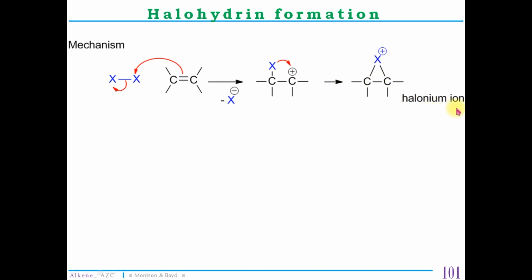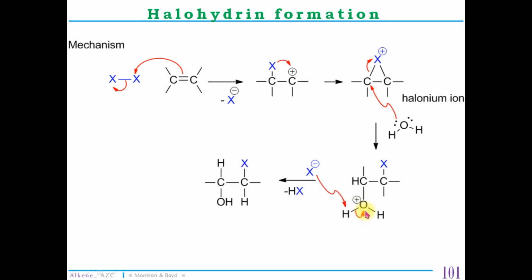As water is in the reaction mixture, water attacks this carbon and gives this type of intermediate. Now the negatively charged halide ion abstracts one of the protons of this positively charged species, which gives the main product.